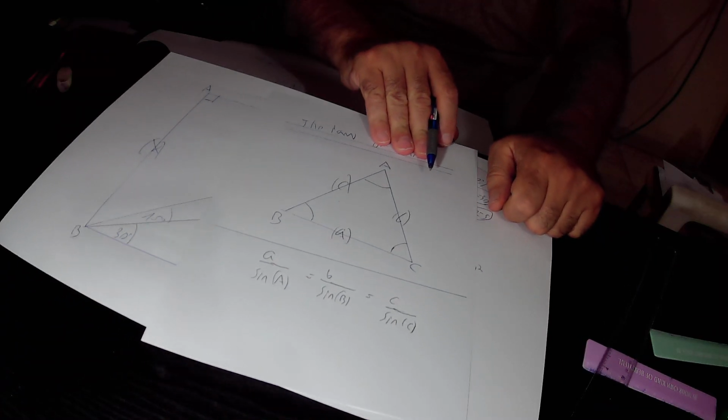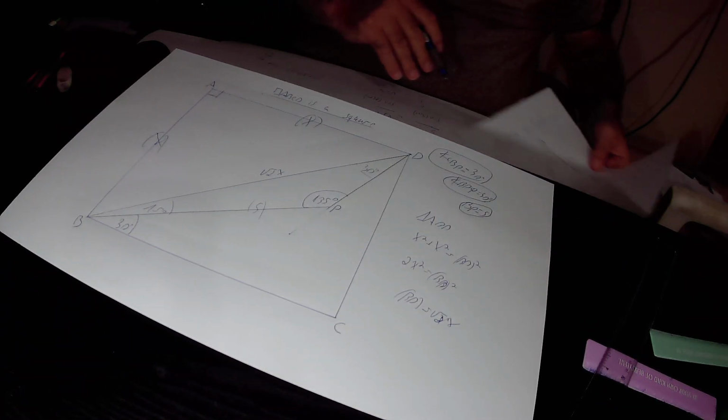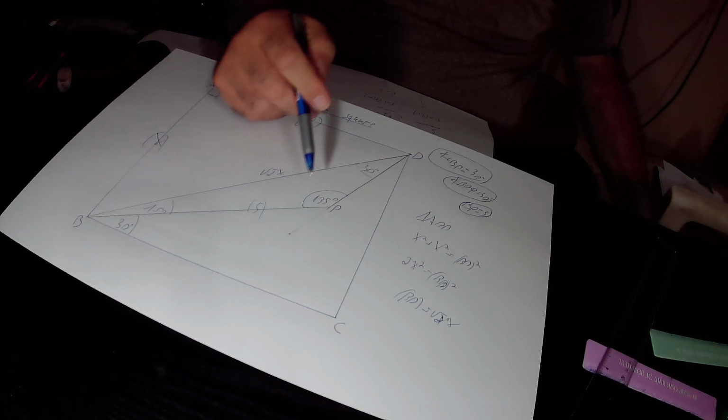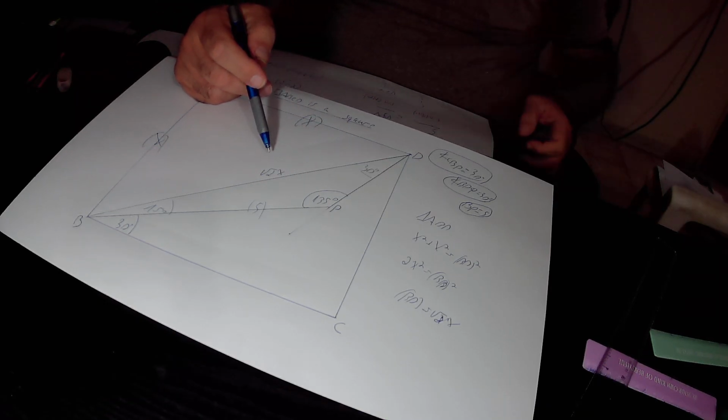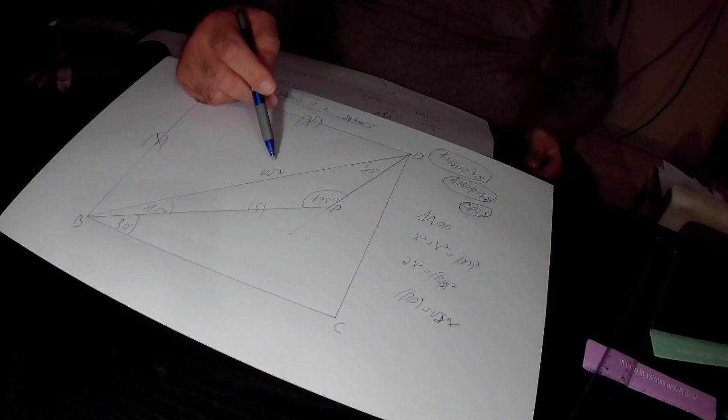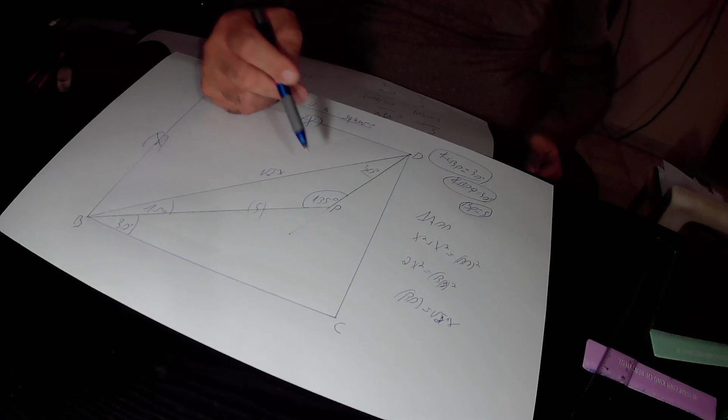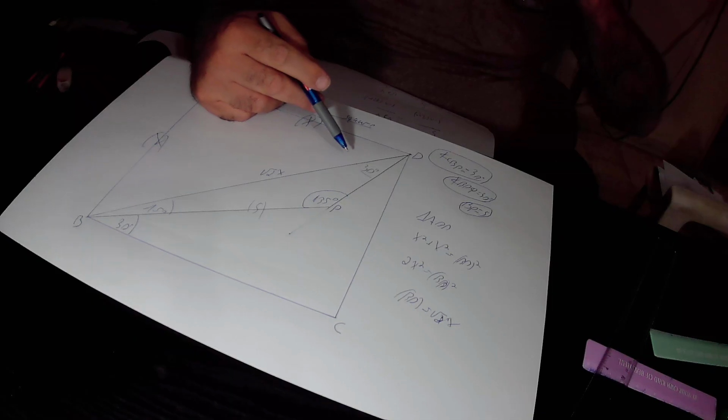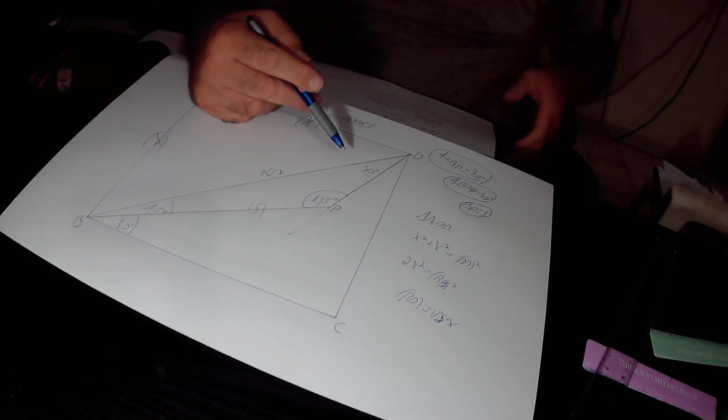According to the law of sines, in this triangle DBP, the square root of 2 times x over sine 135 degrees equals 5 over sine 30 degrees.